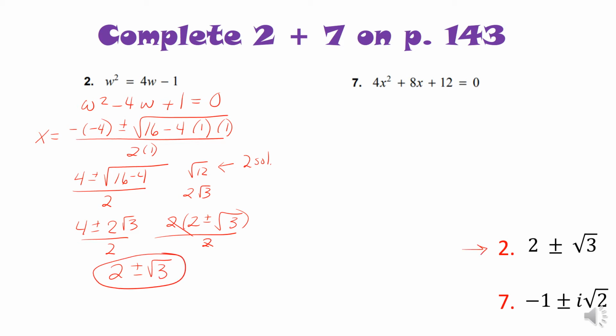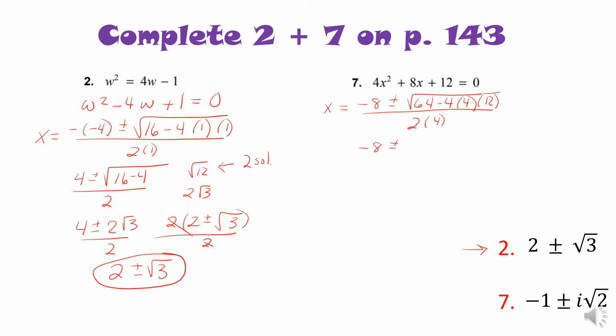All right, and you can see the answer is there. I didn't mean for those to pop up yet, but we still have to do the work, so let's get going. So for this one, it's already in standard form, so I'm going to go ahead and do the quadratic formula. X equals negative b plus or minus the square root of b squared, so that's going to be 64 minus 4 times a times c, all over 2 times 4.